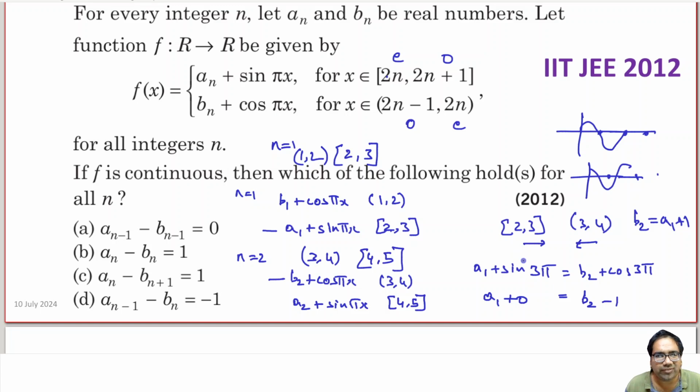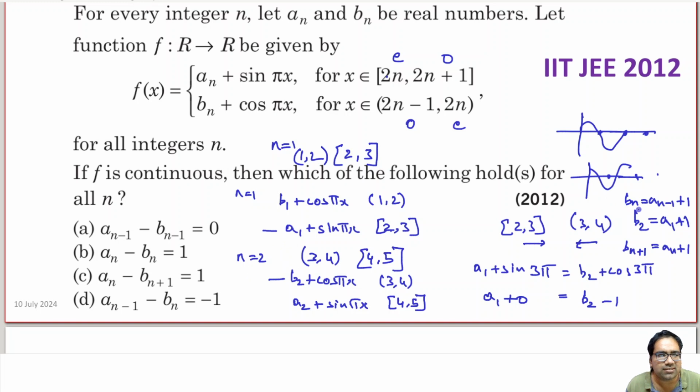Similarly, we have just taken one example, but we can put n here. Then we'll get bn plus 1 equal to an plus 1. Or bn equals an minus 1 plus 1.